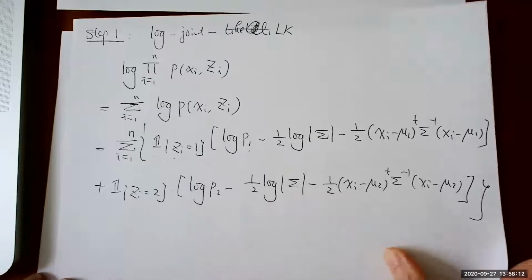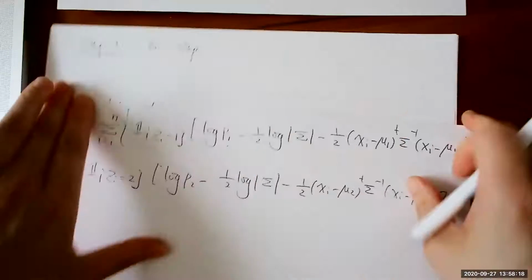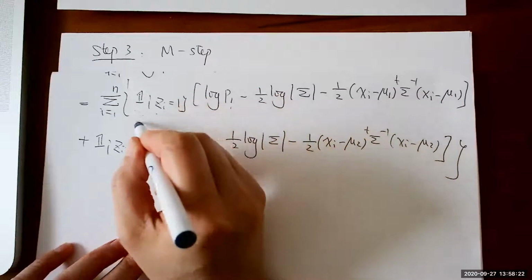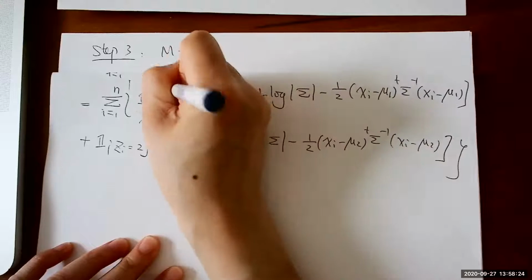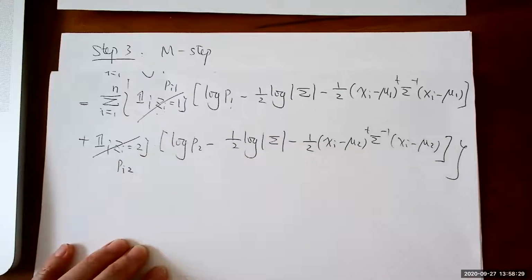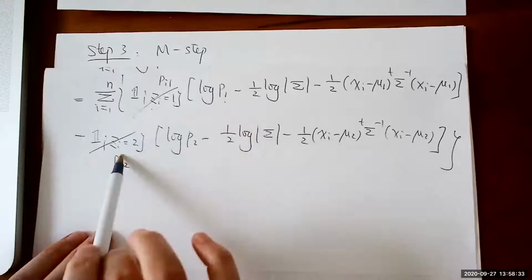So at the M step, you basically deal with the same objective function, just replace this by your PI1 and this by your PI2, okay? So that's what you do at the M step. Now, those are numbers you calculated.